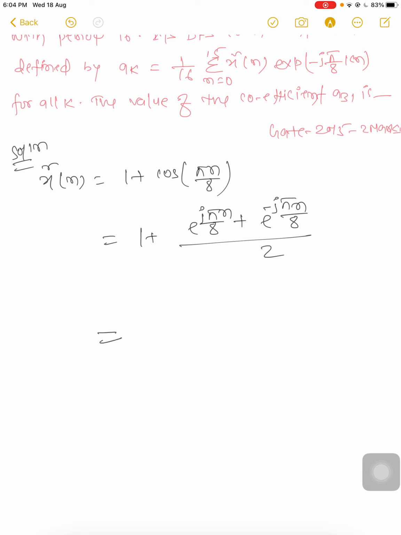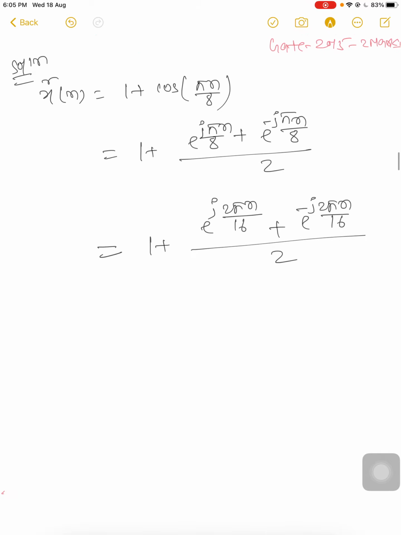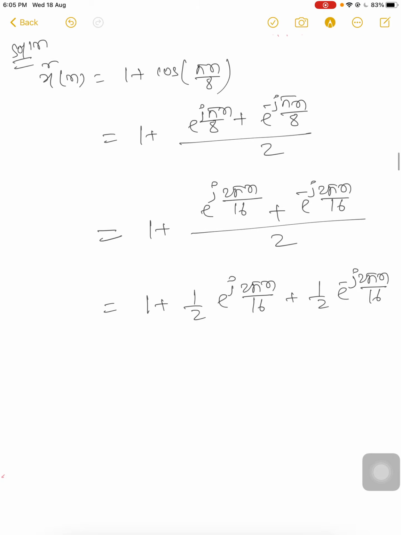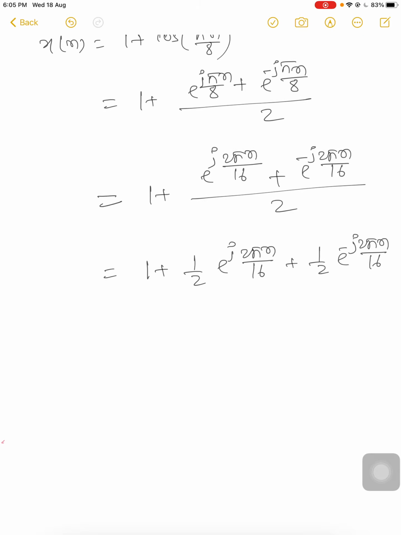Okay, so we can say that here 1 plus e to the power j 2 pi n by 16 plus e to the minus j 2 pi n by 16, by 2, and from here 1 plus half e to the power j 2 pi n by 16 plus half e to the minus j 2 pi n by 16.